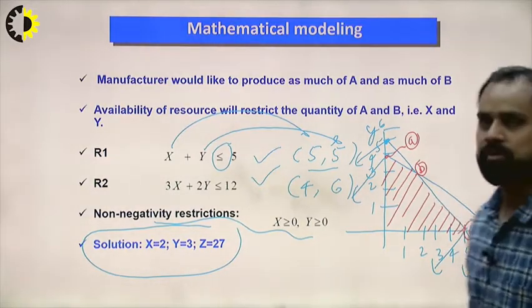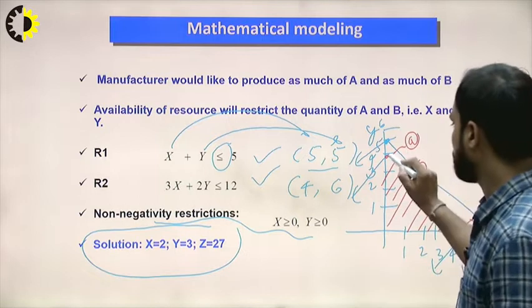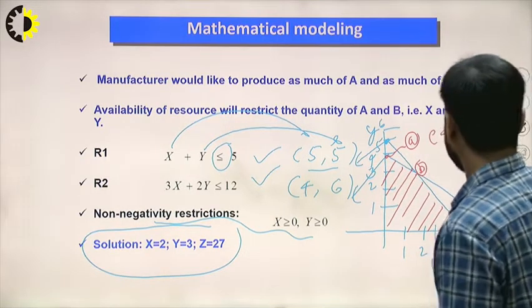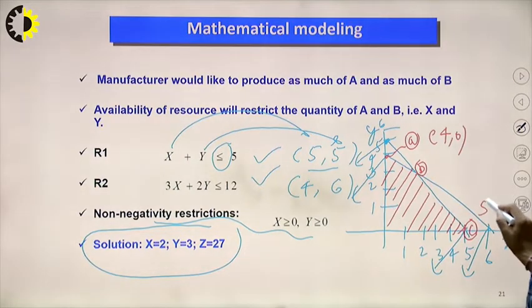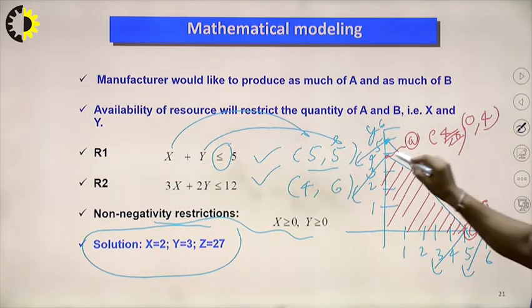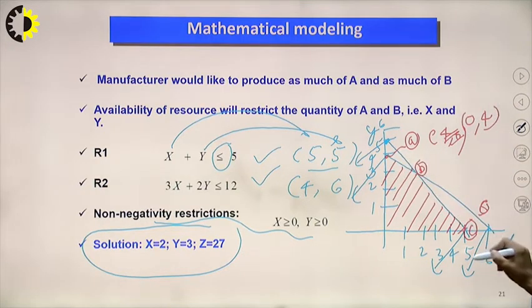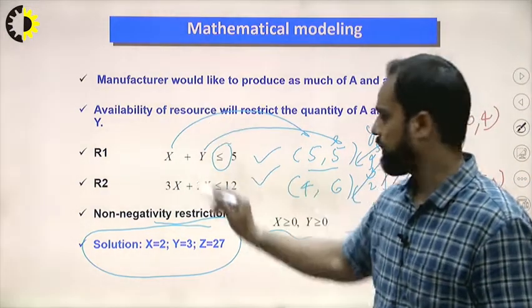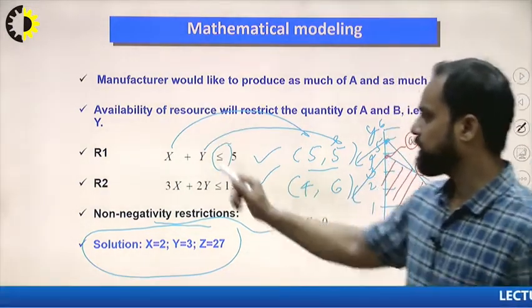We have to calculate the value at each corner point. This point is 0, 4, at this point x is 0, y is 4, and this point is 5, 0, and point B is the intersection of both the lines, right?